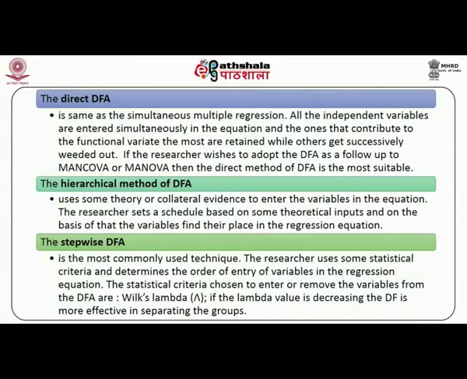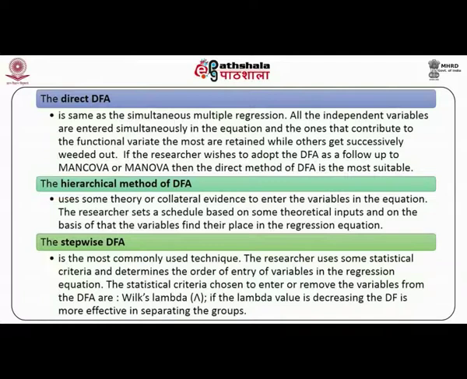If the researcher wishes to adopt the DFA as a follow-up to MANCOVA or MANOVA, then the direct method of DFA is the most suitable one. The other method, that is the hierarchical method of DFA, uses some theory or collateral evidence to enter the variables in the equation. The researcher sets a schedule based on some theoretical inputs, and on the basis of that, the variables find their place in the regression equation.